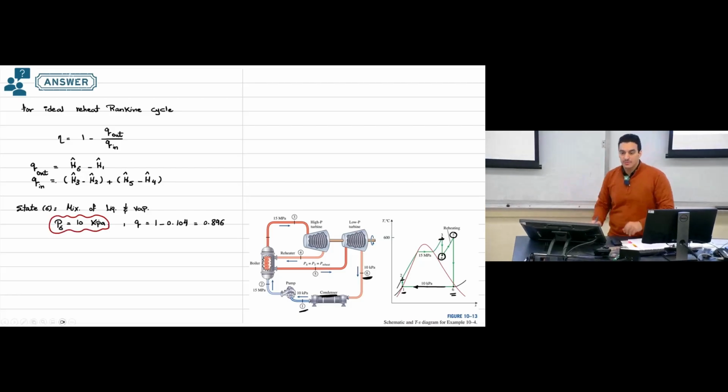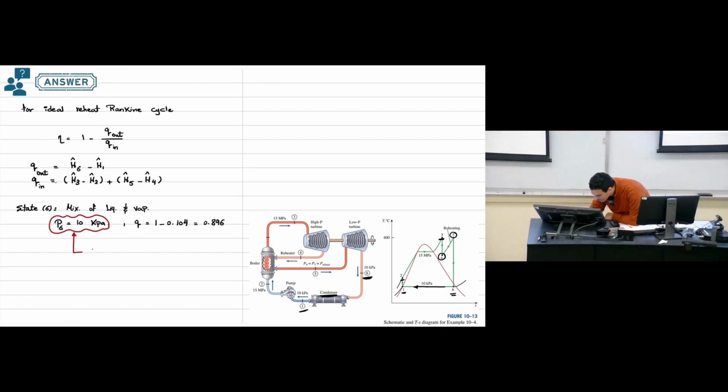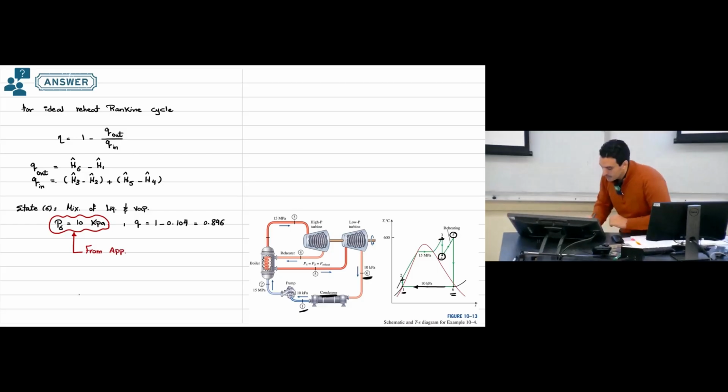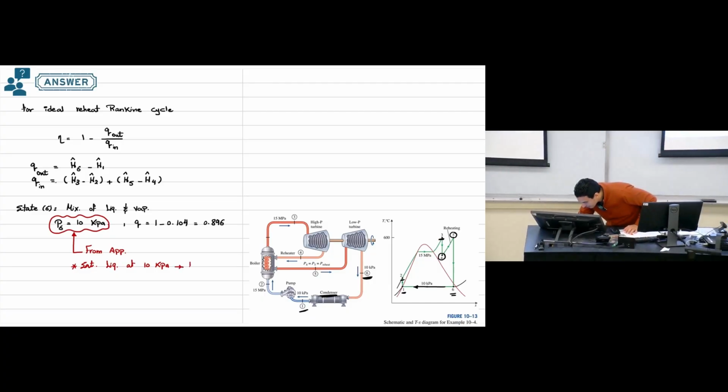So you can go to the appendix and find the following. Assume that you have saturated liquid at 10 kilopascal, and based on this, find the specific enthalpy of liquid.